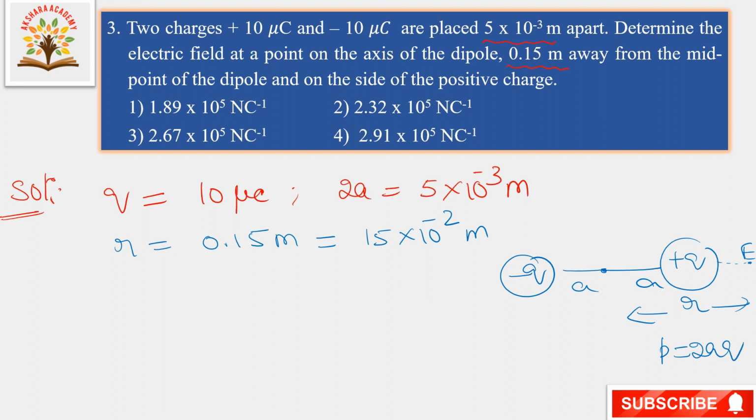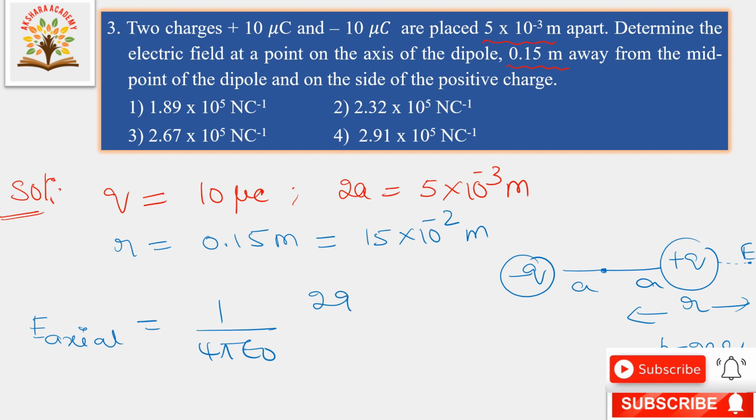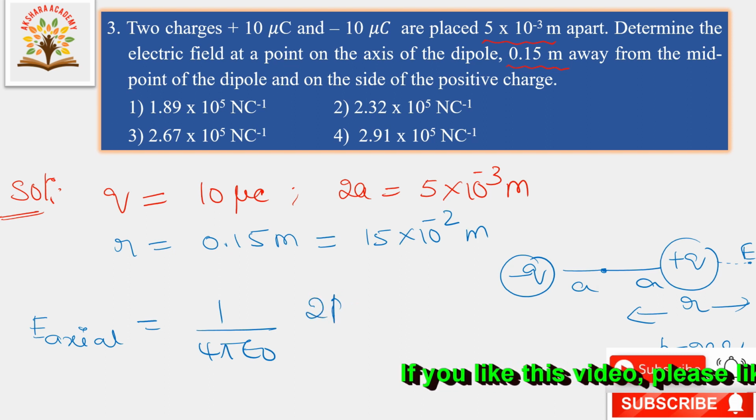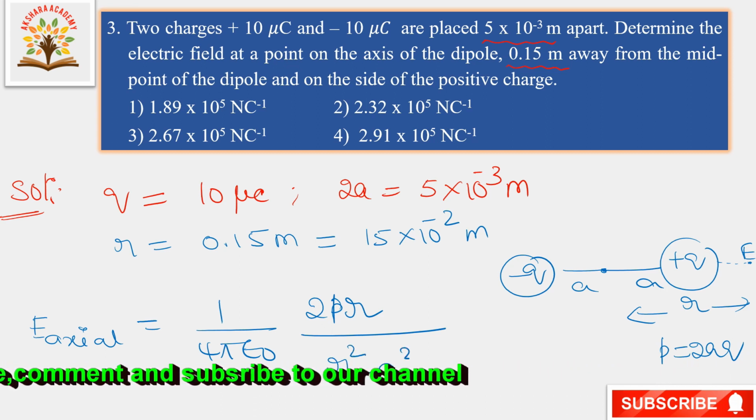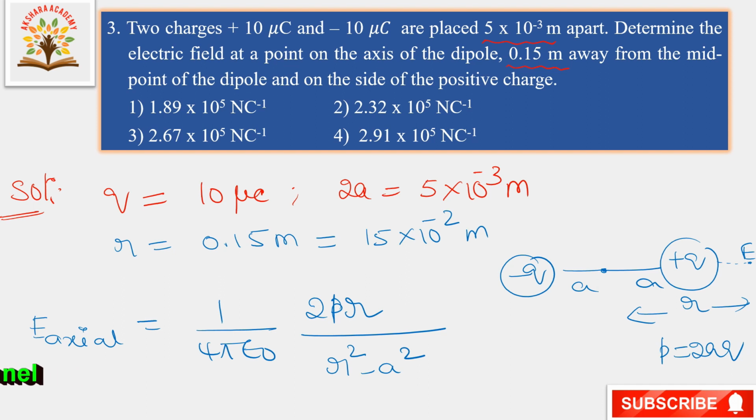Now E axial is equal to 1 by 4 pi epsilon naught, 2pr by r square minus a square whole square. The electric field at a point on the axis of the dipole is 1 by 4 pi epsilon naught, 2pr by r square minus a square, whole square.